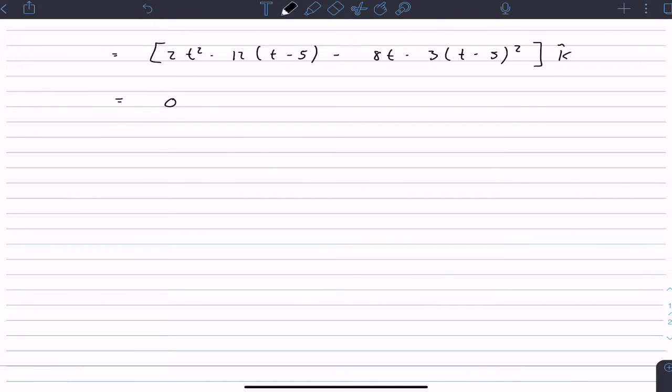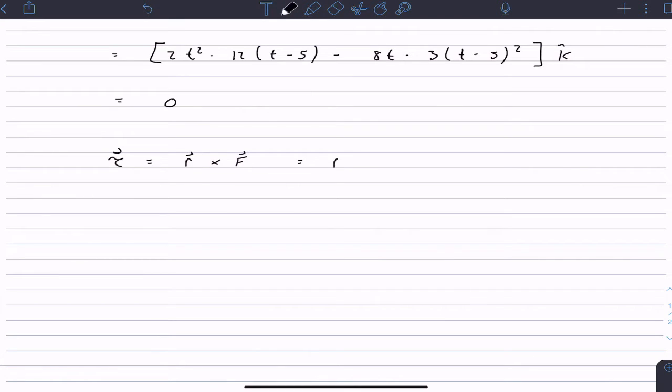So what is torque? Torque is r cross F, if you remember from the last video that we did on this. Okay, so now we have vectors that we can take the cross product of. We don't have force yet, but what is force, right?